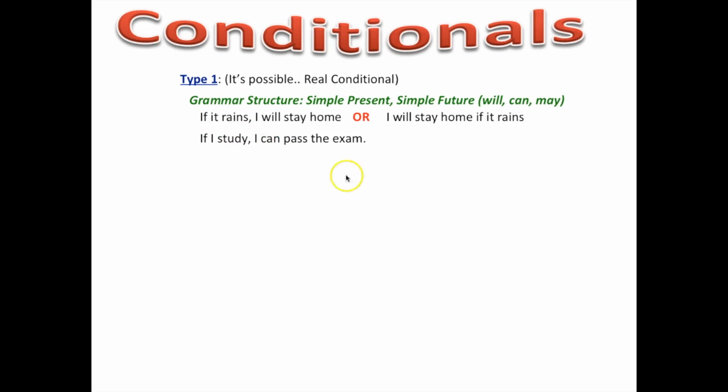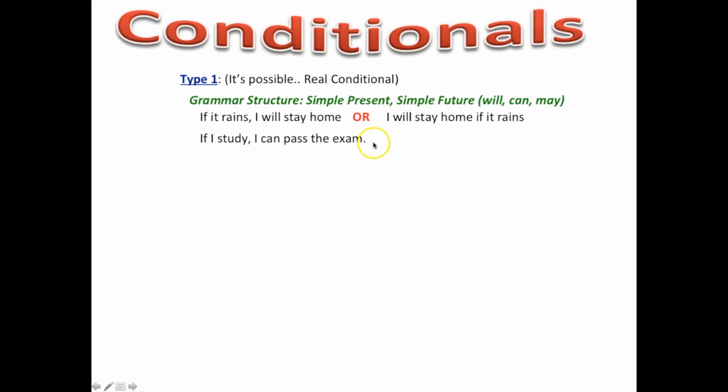It means that for me to have the ability to pass the exam, I need to study. This is something that is conditioned by this. This is basically future because I haven't studied and I haven't taken the exam yet. That's why we put it as a general statement, simple future.